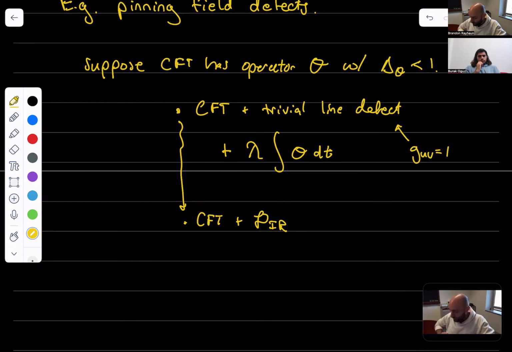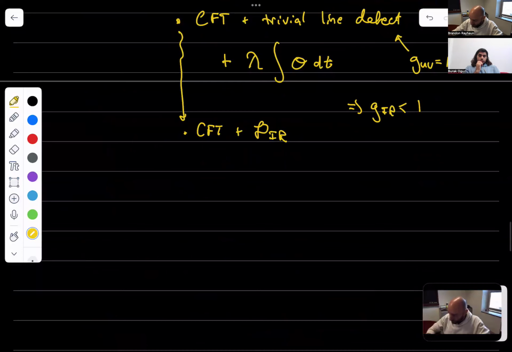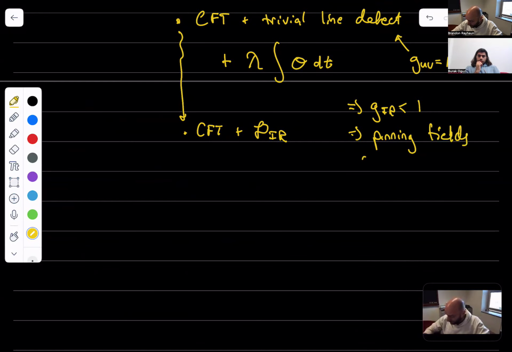So G_UV is 1. And that means that by the G theorem, G_IR has to be less than 1. But if we look up here at this list, the only scenario which is capable of realizing a G function which is less than 1 is this last scenario. And so in particular, the G theorem allows us to conclude that pinning fields flow to conformal lines.